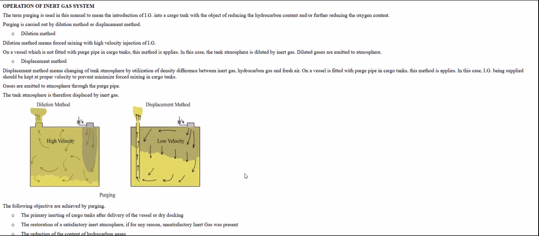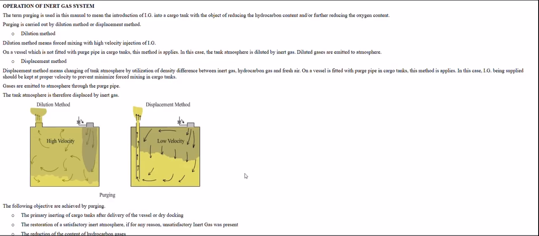Purging is carried out by two methods. One is the dilution method and the other is the displacement method. The dilution method means forced mixing with high velocity injection of IG on a vessel which is not fitted with a purge pipe in the cargo tanks.